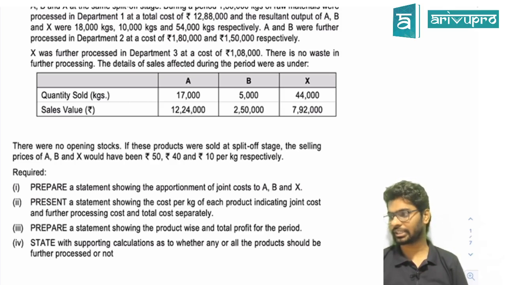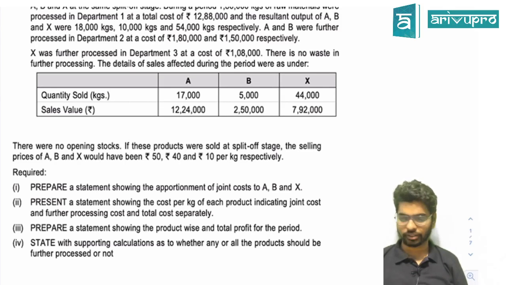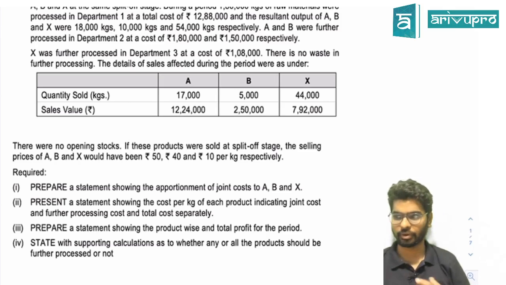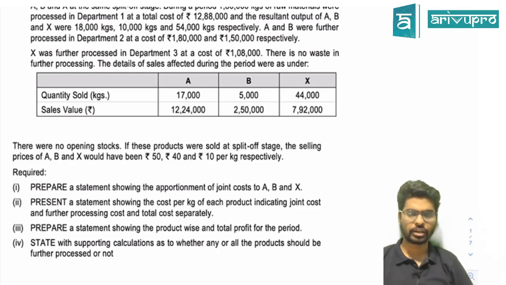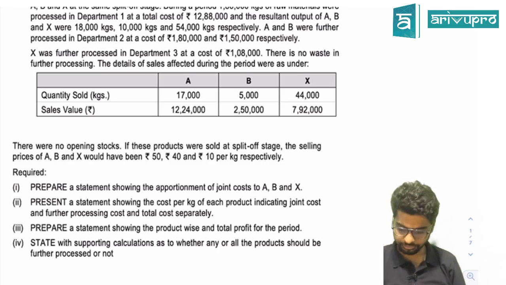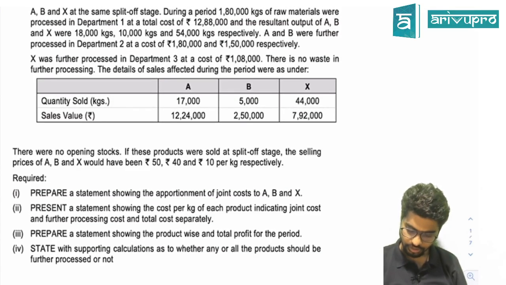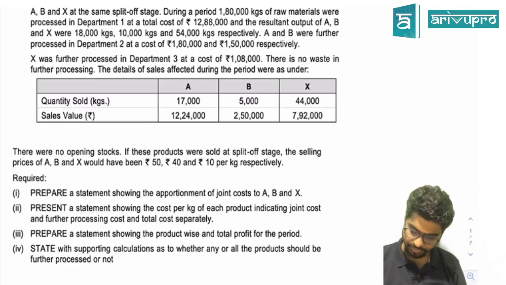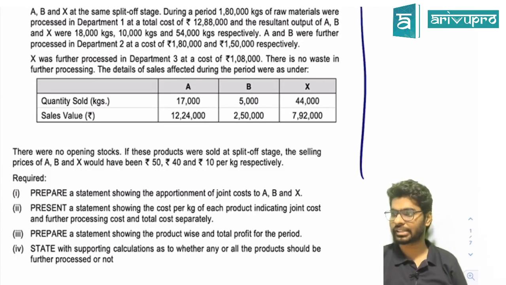Okay. Now, let us start looking into this. The first way, how are we going to be dividing this is the question. I have to make sure that I apportion the joint cost between A, B and X, right? Now, we have learnt different ways of doing it. Now, the first way, how do we do it? Now, see here, at the first stage, let me understand the question properly.